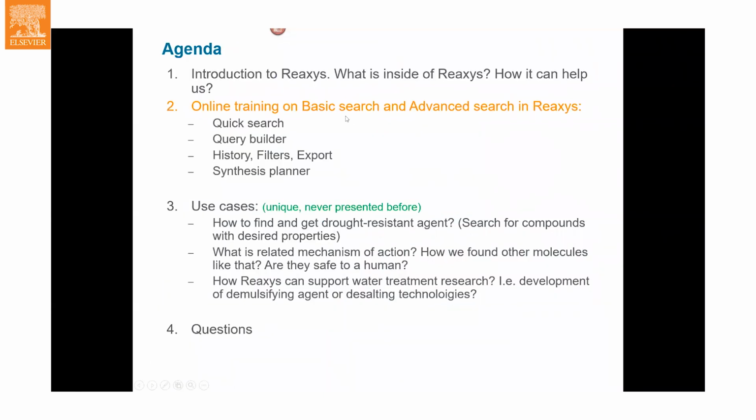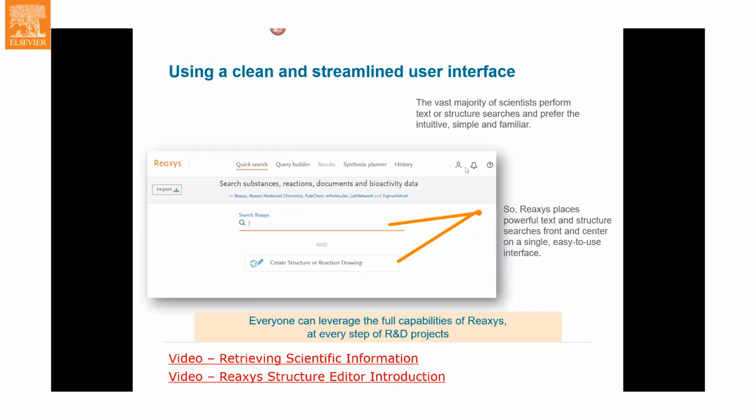So let's go to the online training, and let's talk about Reaxys and see Reaxys. This is the main screen of Reaxys, and on the main screen you see it's automatically switched to the quick search mode. In the quick search mode you can type something or you can draw the chemical structure. Again, you see some links to videos on how to use this search.